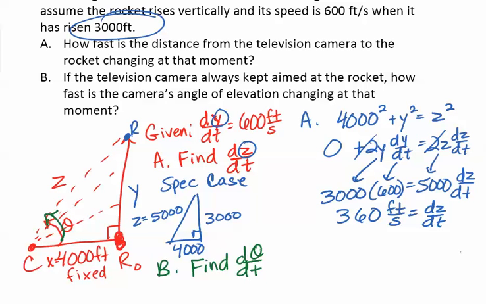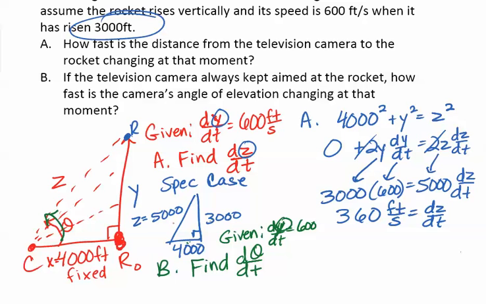So now, same as in part A, we're given dy/dt. We want a formula that relates the vertical side y with the angle theta. Notice that we are given the adjacent side, so with opposite side y and adjacent side, we could use tangent.